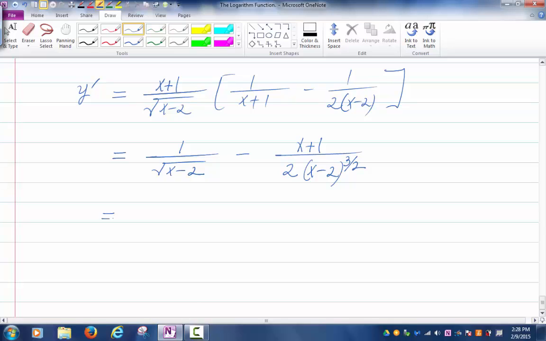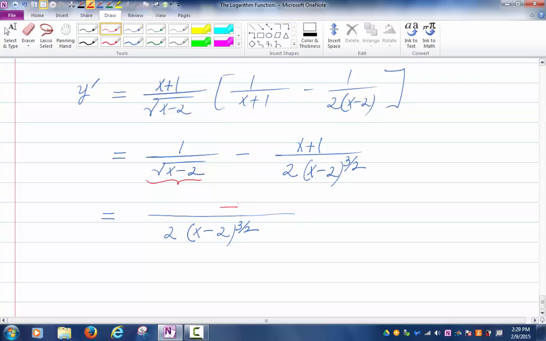And what's the common denominator? It will be 2 times, which one is the bigger power of x minus 2? Bigger power is 3/2, right? So now you divide the common denominator by this guy. What are you going to get? In the numerator, you're going to get 2 terms. The first term, you divide the common denominator by the first denominator.